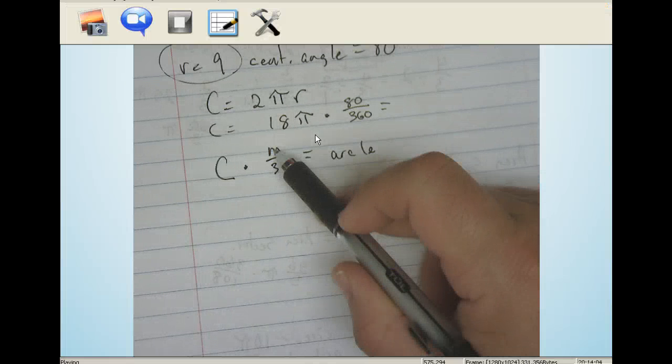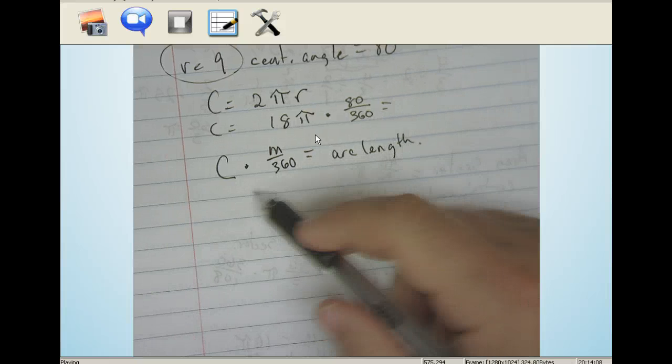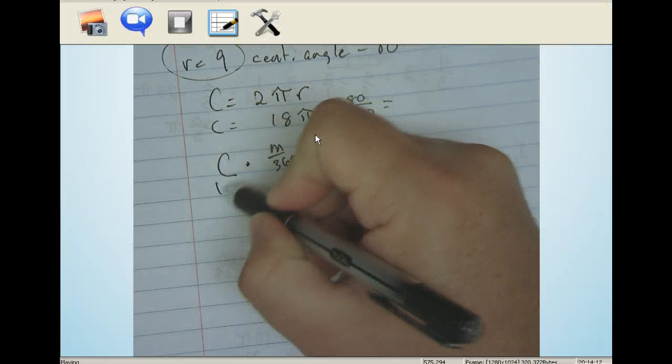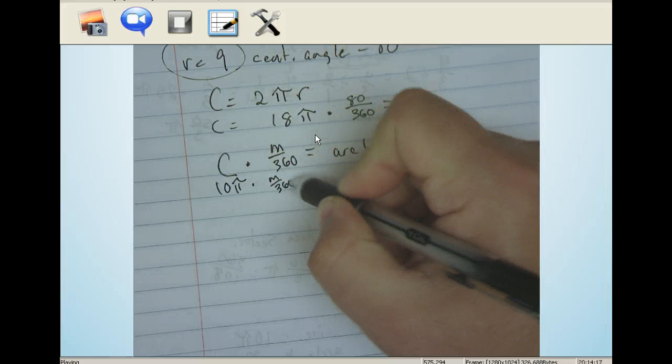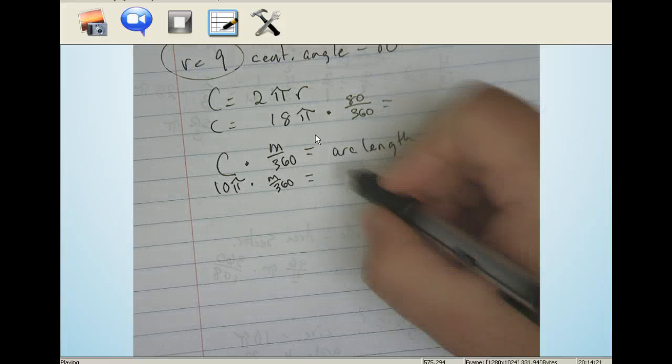In this case, the circumference is given: 10 pi times m over 360 equals the arc length, which is 1/2 pi.